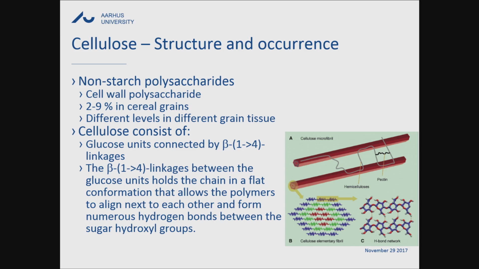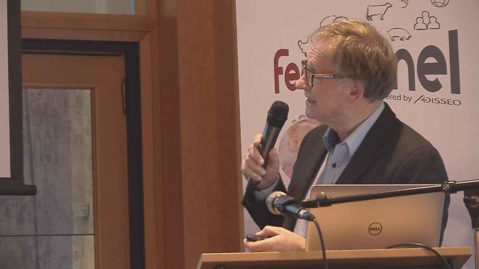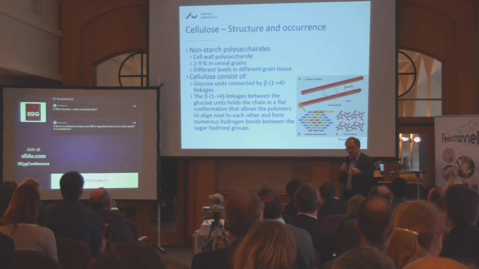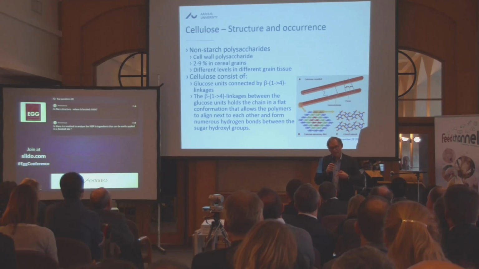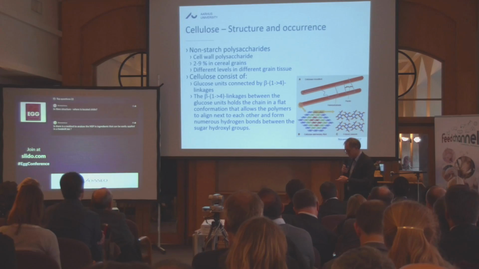The alpha linkages can be handled by the carbohydrases secreted by our intestinal tract, whereas that's not possible with cellulose. In addition, the different strands of cellulose run antiparallel to each other, which makes it possible for them to create very, very strong structures within the cell walls.